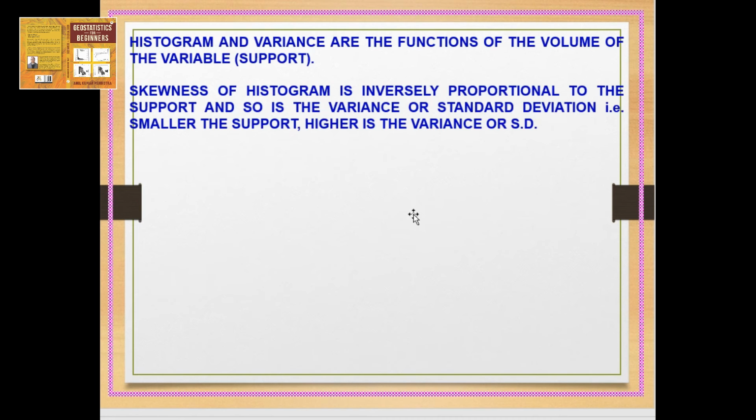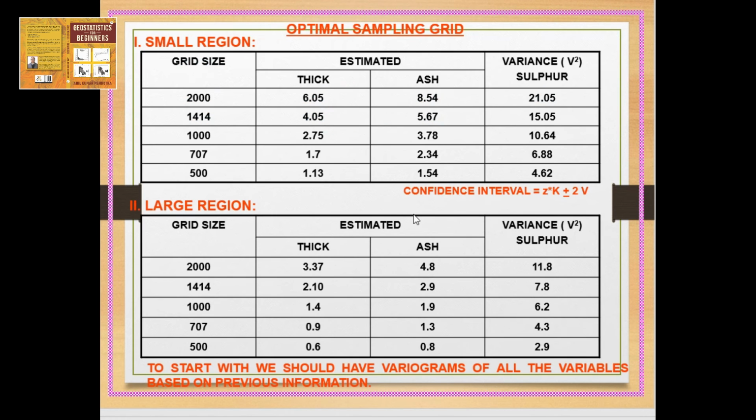Thus we can come to the conclusion that variances are additive. Histogram and variance are the functions of the volume of the variable support. Skewness of histogram is inversely proportional to the support, so is the variance or standard deviation. That is, smaller the support, higher is the variance or standard deviation.